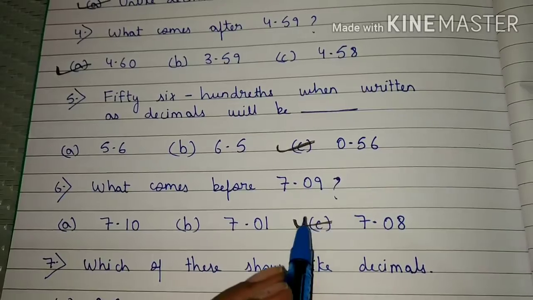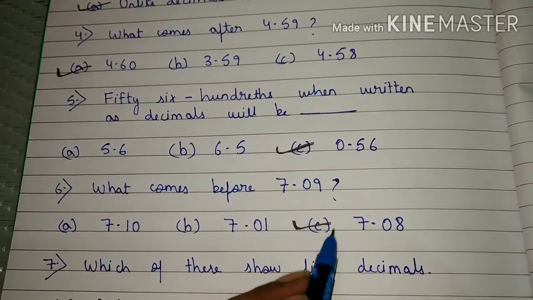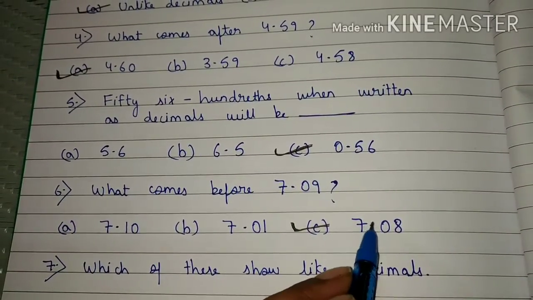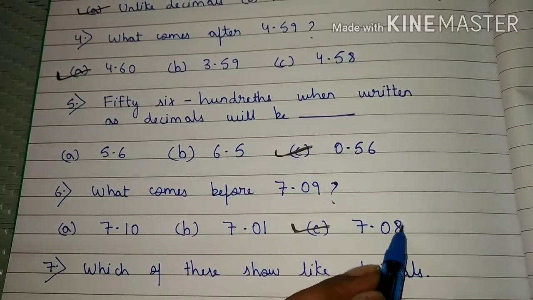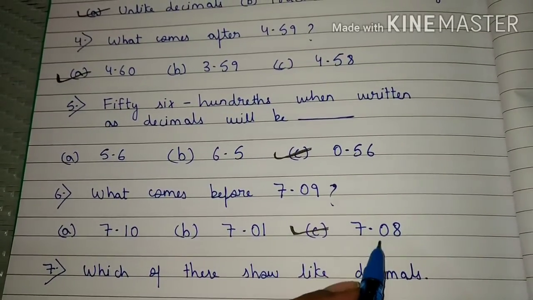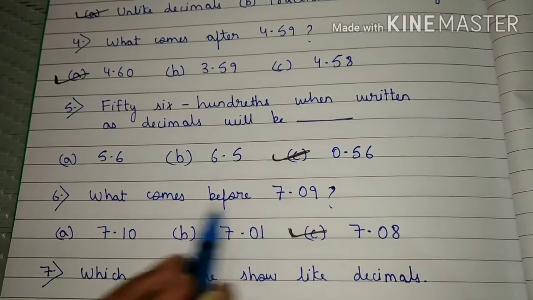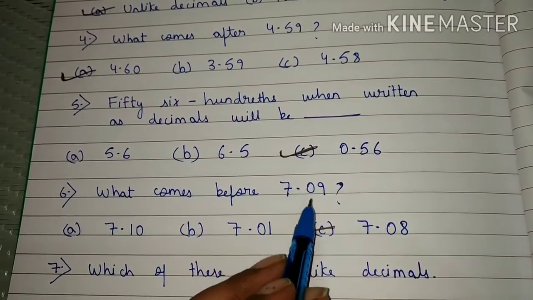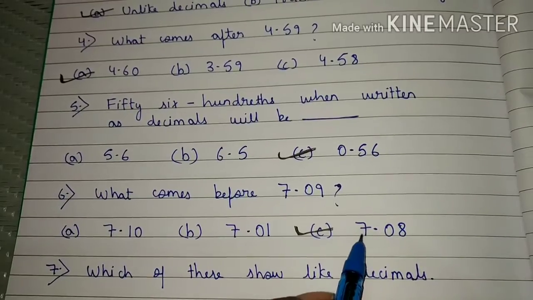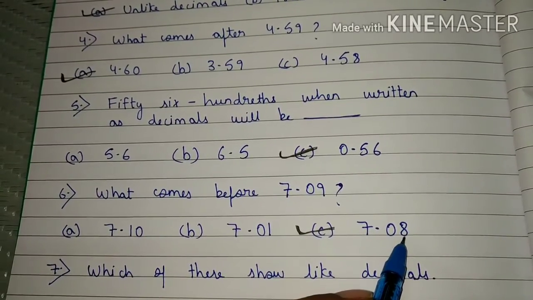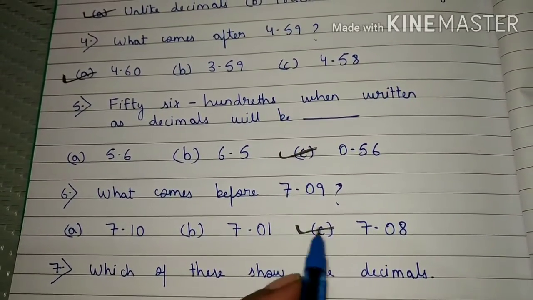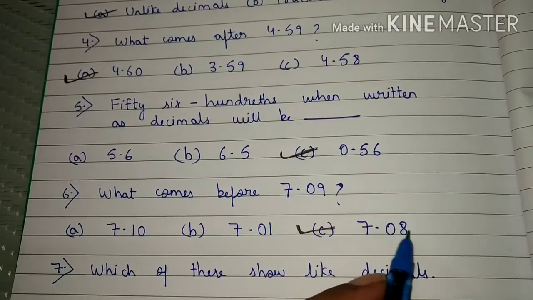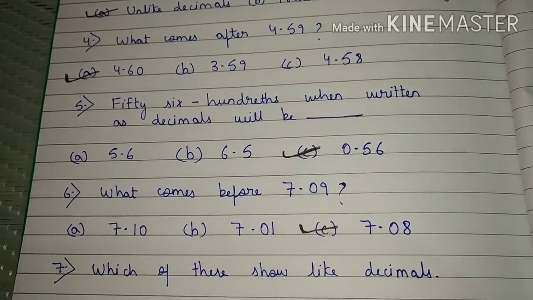So students, correct answer is option C 7.08. Why 7.08? Because the number which comes before 7.09 is 7.08. So students, option C 7.08 is the correct answer.